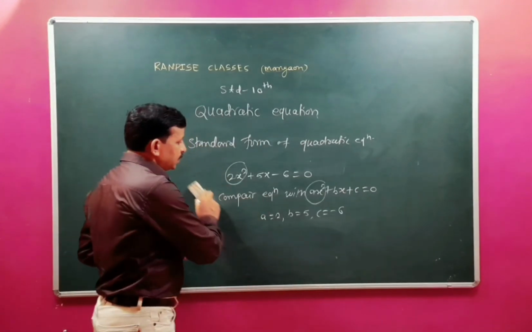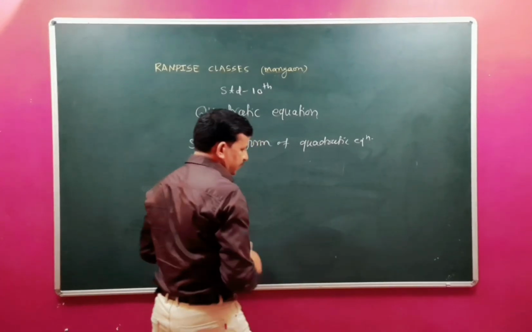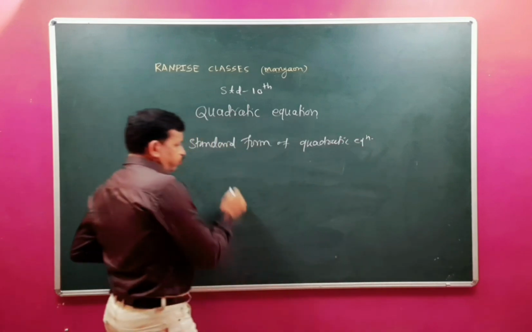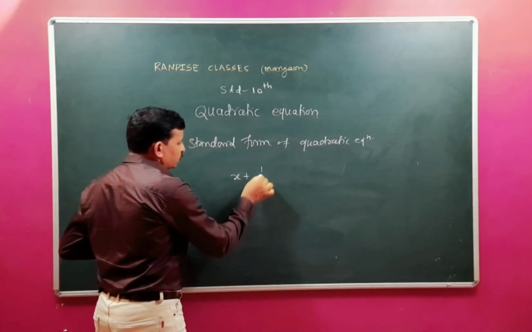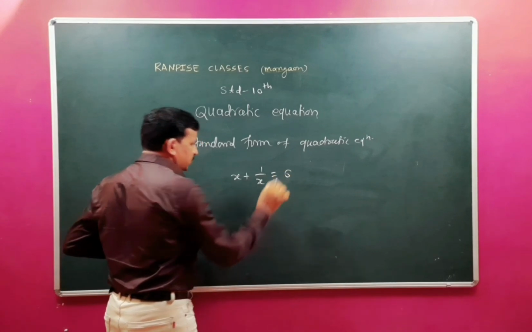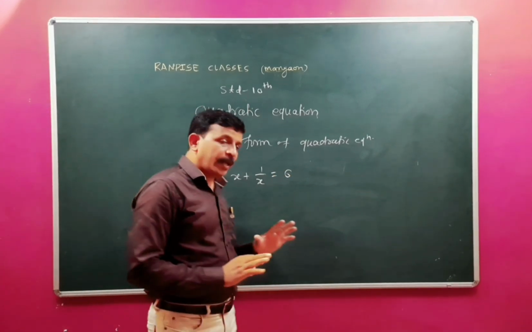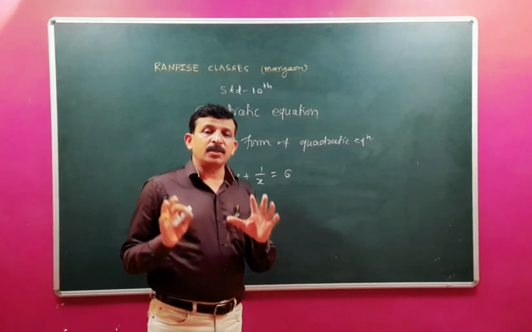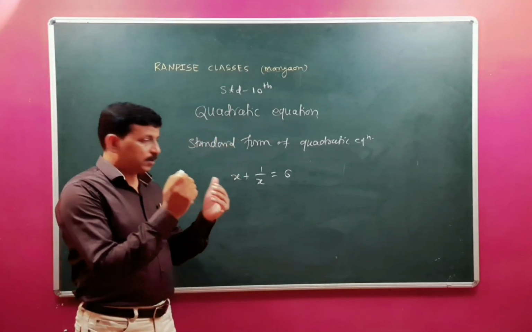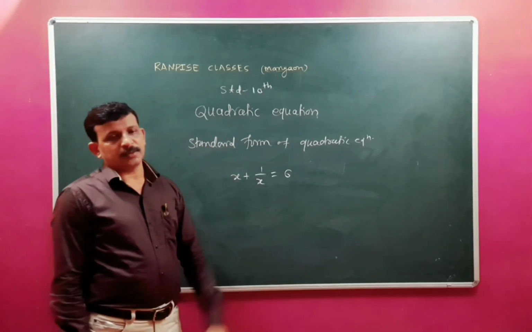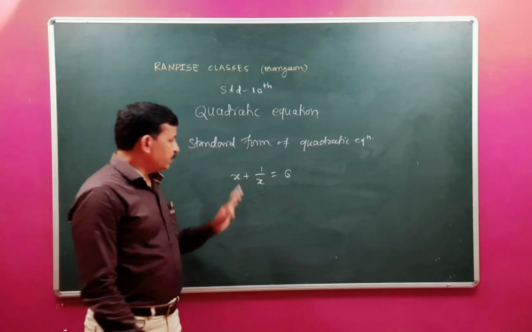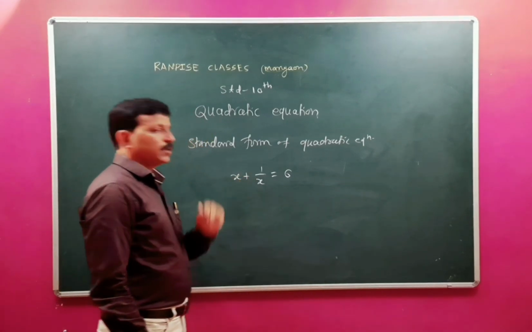Just like x − 1/x = 6. See here, we can multiply the same number or term on both sides. See here, multiply x by each term.